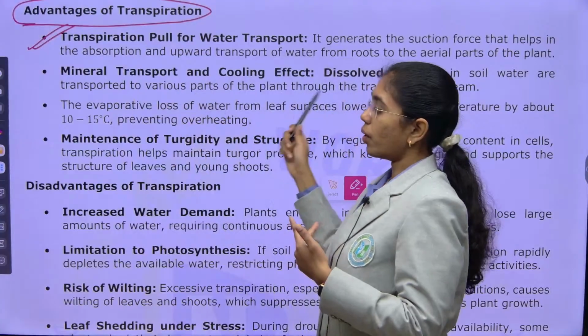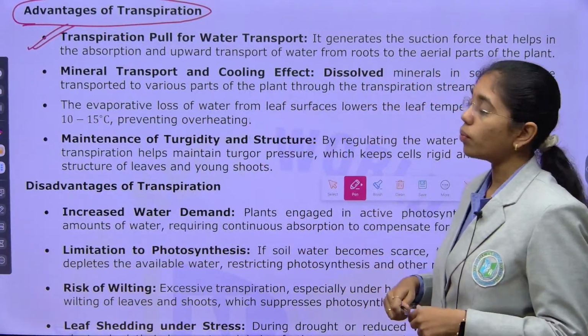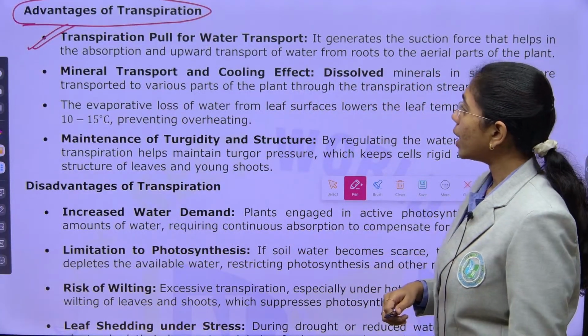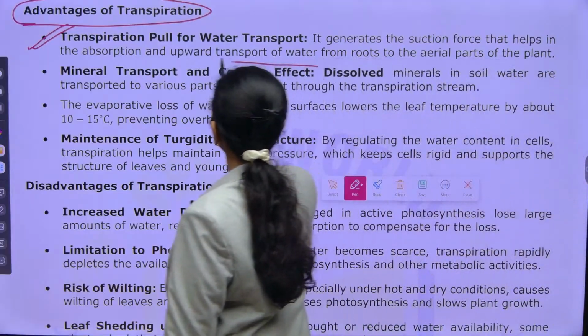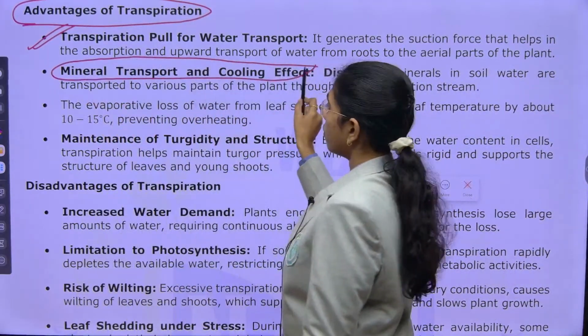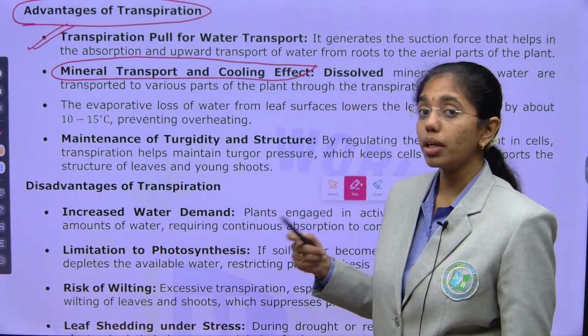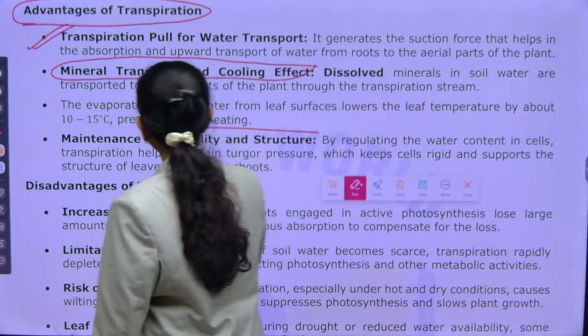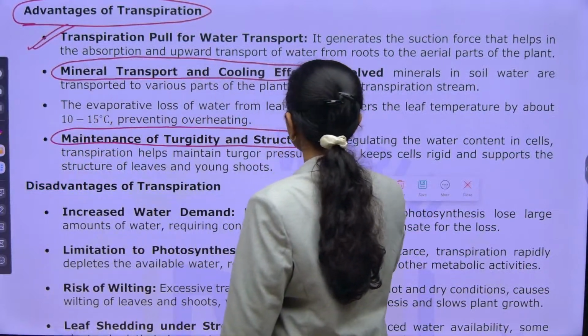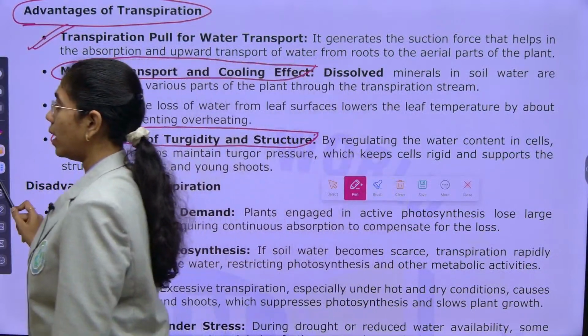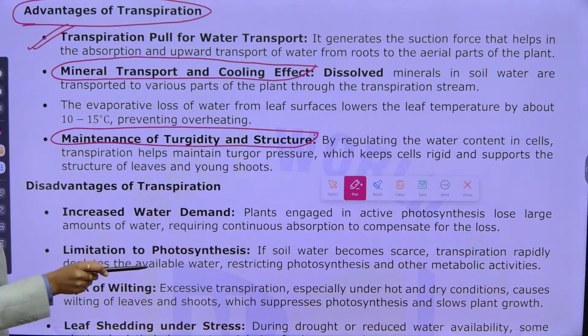Second, mineral transport, and it provides a cooling effect. Next, maintenance of turgidity and structure. How is it maintaining turgidity and structure? These are the three points to be highlighted under advantages of transpiration.